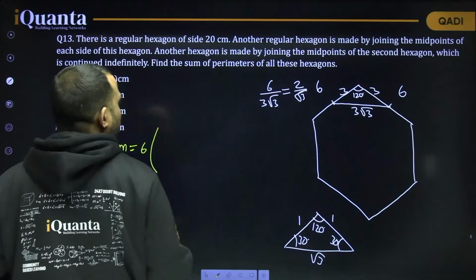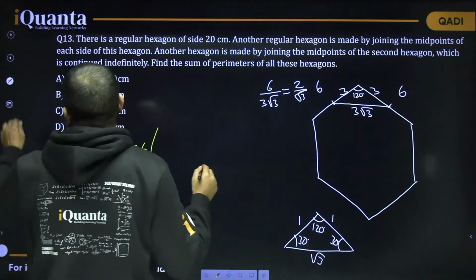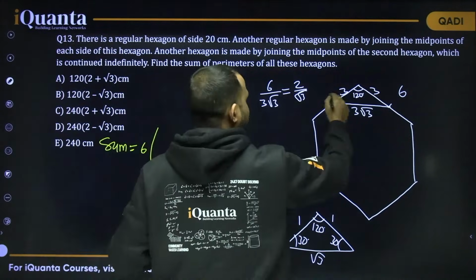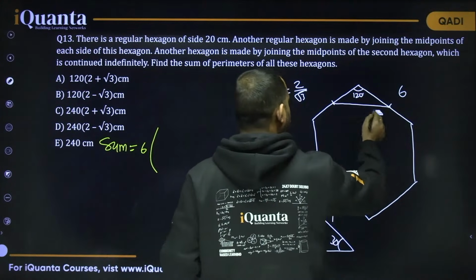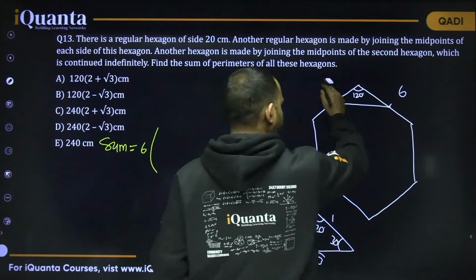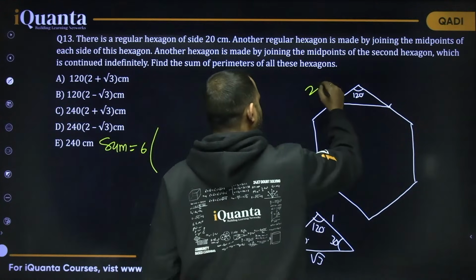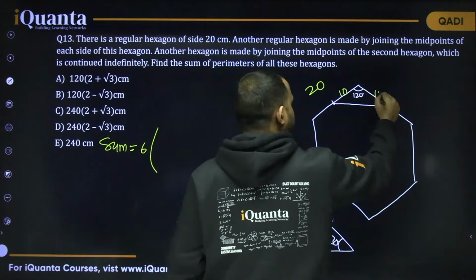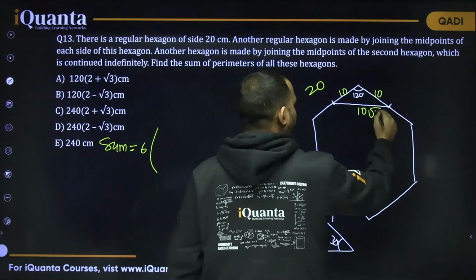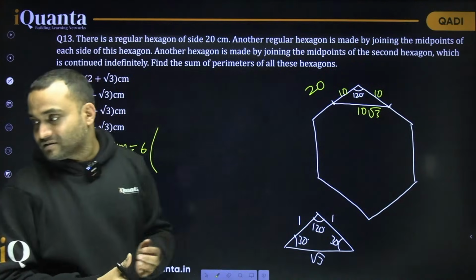Sorry, this is 20 given, correct? My mistake, it's not 6, it's 20. But the concept will remain the same. This is 20, this is 10, this is 10. This will become 10 root 3. This is what it says.